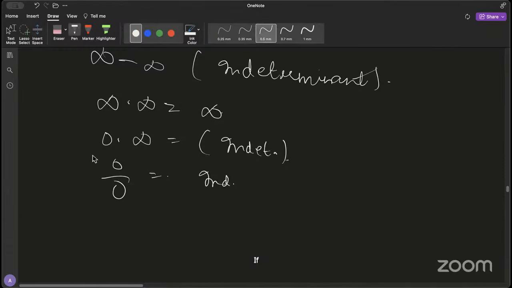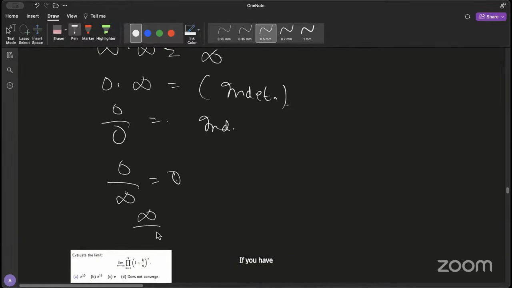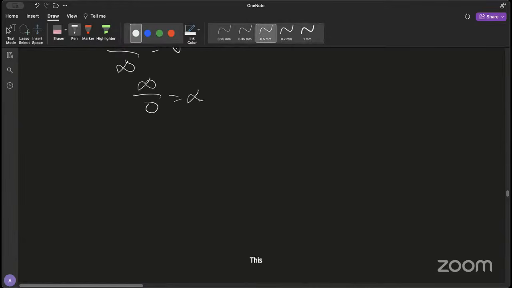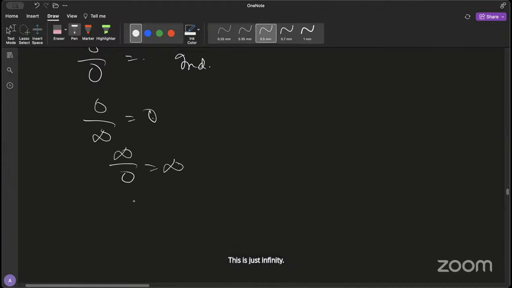If you have 0 by infinity form, this is just 0. If you have infinity by 0 form, this is just infinity. If you have infinity by infinity form, that's an indeterminate form.